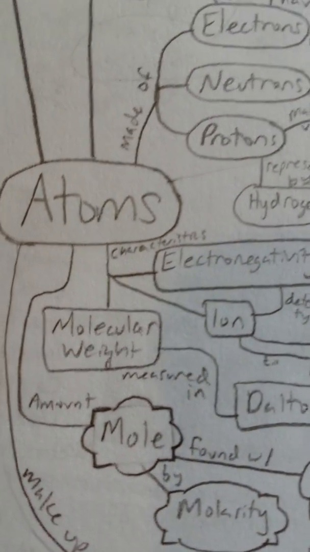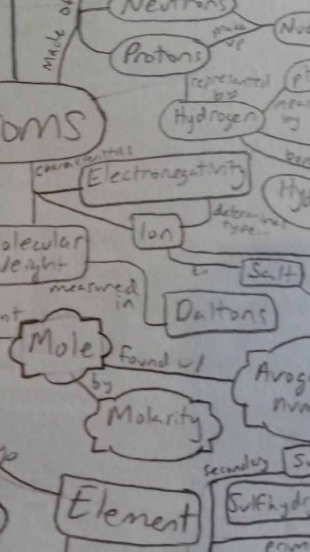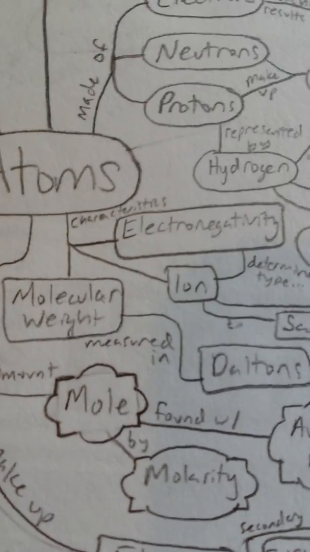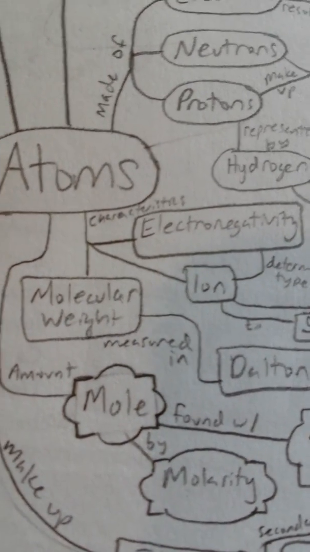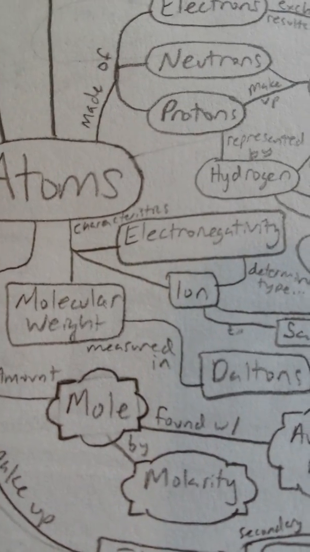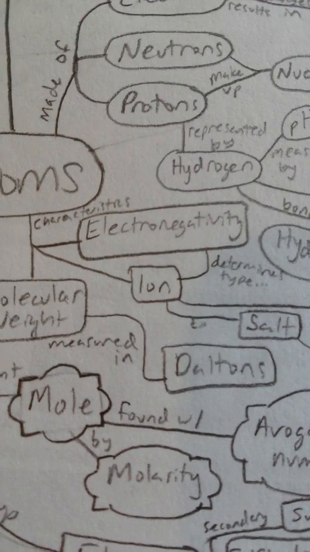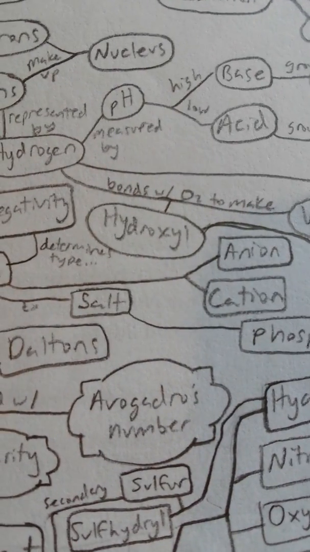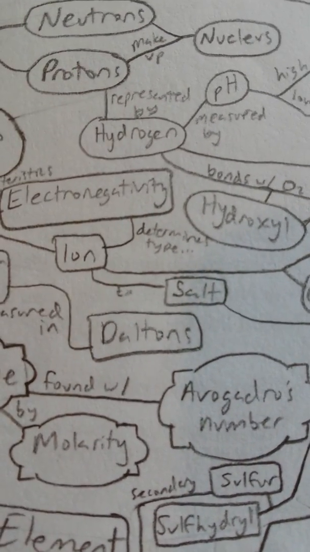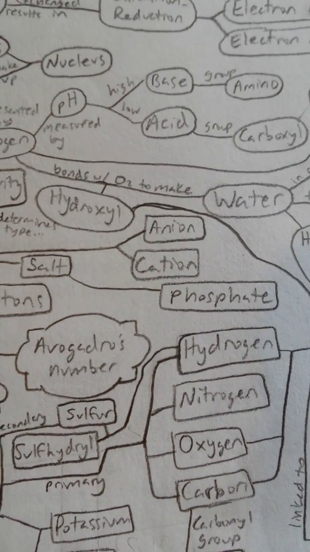Now, some characteristics in atoms would include molecular weight, which is measured in Daltons, or AMU, which is most commonly heard around people I know. Another characteristic is electronegativity. That determines the type of ion it is, whether it's a cation or an anion. And a type of ion would be salt, and a type of salt would be phosphate.